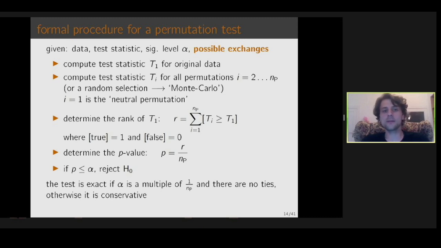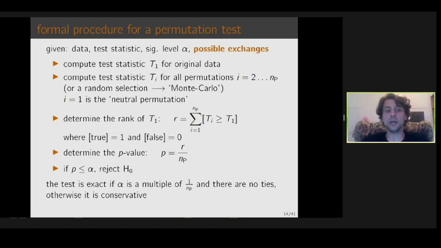And this already signifies that i equals 1 is the neutral permutation corresponding to the original actually acquired dataset. In a lot of cases, it's not possible to run all permutations. And in this case, one usually resorts to a randomly selected subset of the permutations, which is also called a Monte Carlo sample.